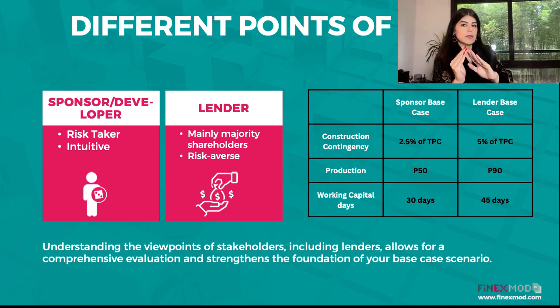So P90 will be less than P50 in terms of production. So that's something that is also considered as a difference between lenders and sponsors in most cases. And there are also some other differences, maybe working capital days.